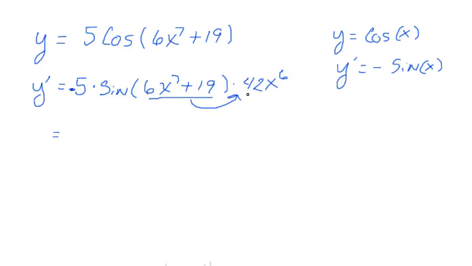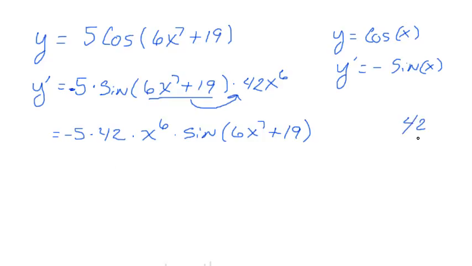So now what we've got, we'll just go ahead and bring this stuff out front. So we got negative 5 times 42 times x to the 6th and times sine of 6x to the 7th plus 19. All right. Okay, so you'll need to definitely multiply 5 times 42.